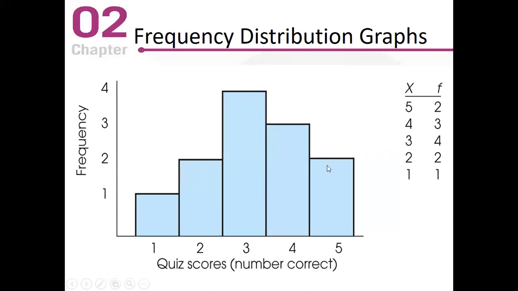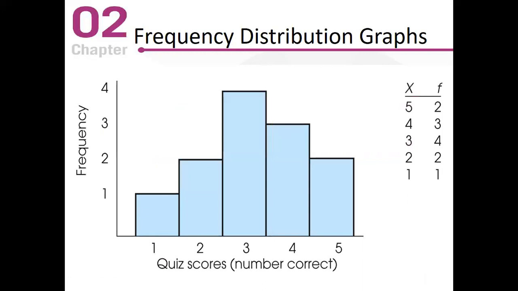Now, real limits are important because notice that for the value of 1, I'm starting my graph at positive 0.5, and it's going up to 1.5. That's because the value of 1 has a lower real limit of 0.5 and an upper real limit of 1.5. The same can be said for the value of 2.